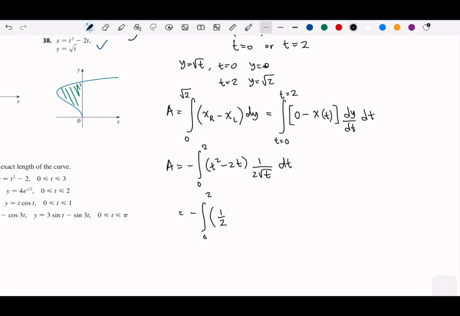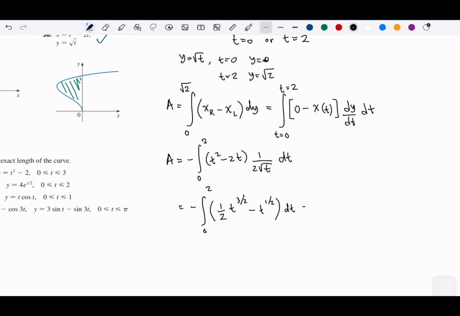So 3 over 2, right? 3 over 2. Minus, 2 is cancelling. 1 minus half is half. So t half. Okay. I think we can integrate this, right?